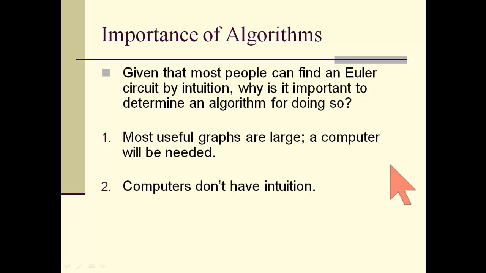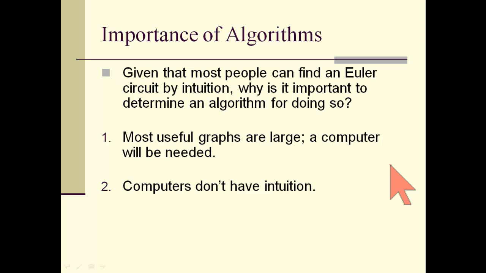For example, if you're talking about routing airplanes between various cities, perhaps the graph may have 50 or 80 or 100 vertices and dozens and dozens and dozens of edges. And the problem is starting to get too large for us as humans to be able to, first of all, draw the graph, and then second of all, to be able to wade through the hundreds or even thousands of edges that are needed.